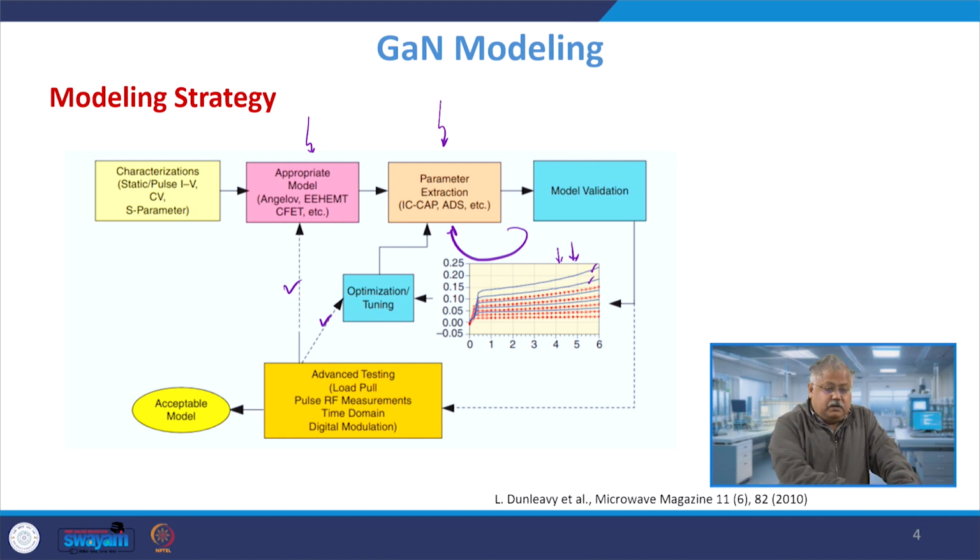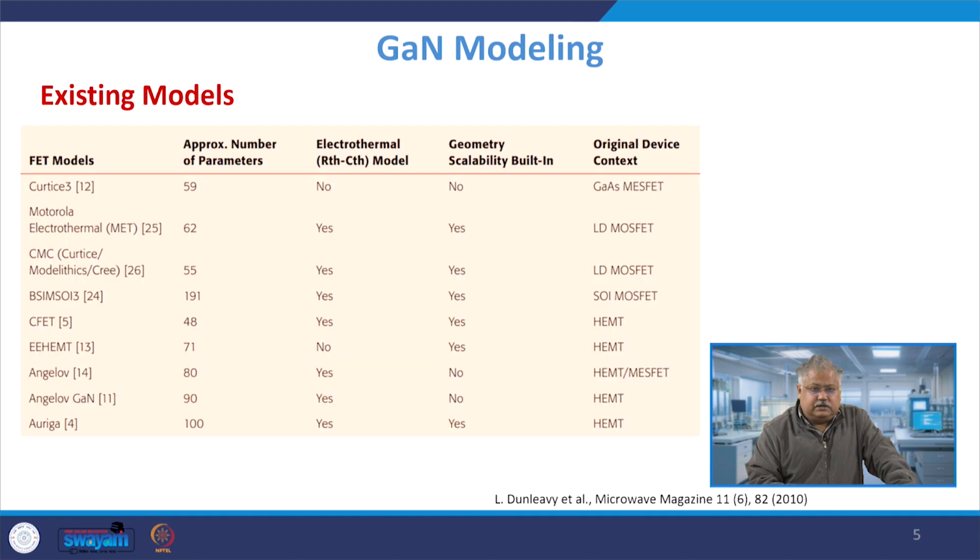And then the acceptable model results are generated, which can be run on multiple bias conditions, on multiple values of other conditions, and then you can actually strategize the model.